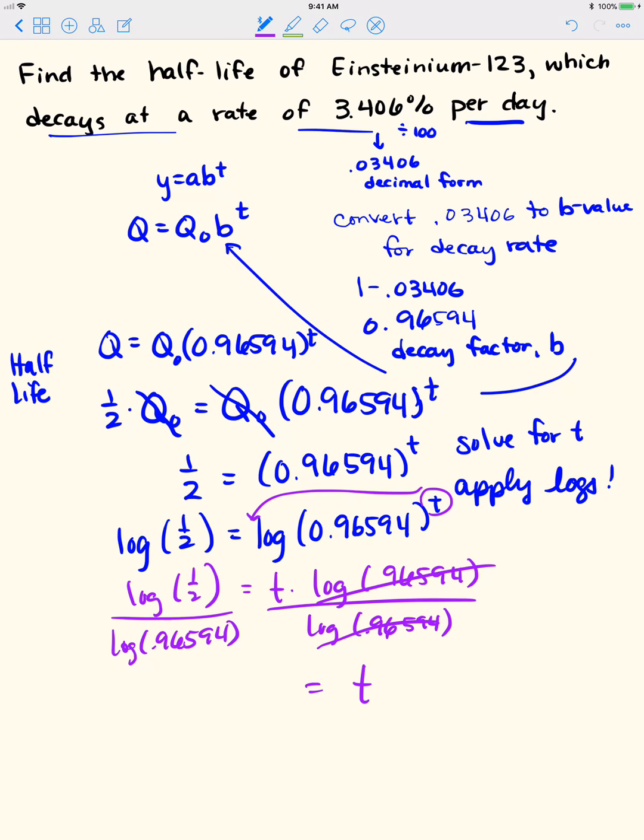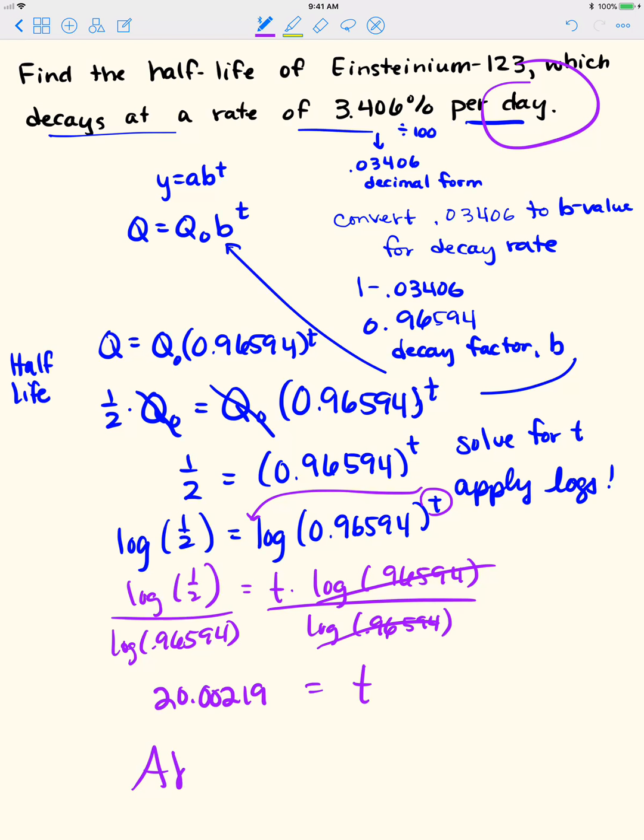Cancels it out on the right. And if you take the log, again, our natural log, but just make sure you're consistent. The log of a half divided by the log of 0.96594, you get 20.00219, and this was in days.